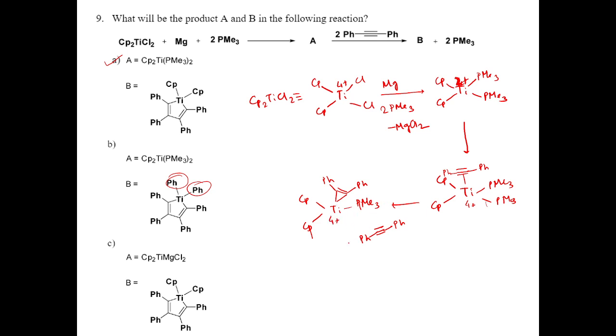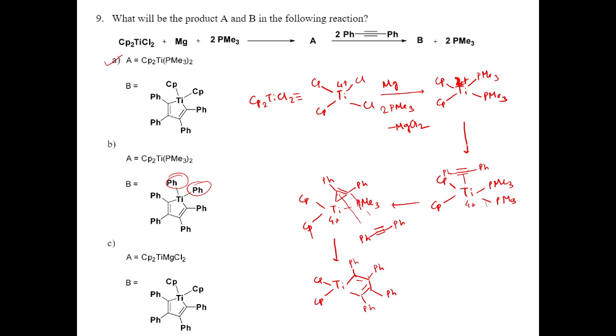This is also plus 4 state. But it will happen simultaneously, it will go out and react with this thing, this center and this center. So similar to the thing that I told before, this Ph will be there and there will be Ph, and it will be Cp and it will be Cp. So option A will be the right answer.